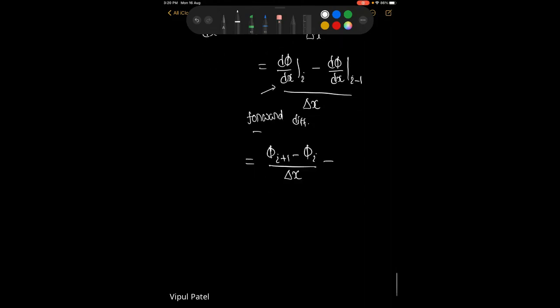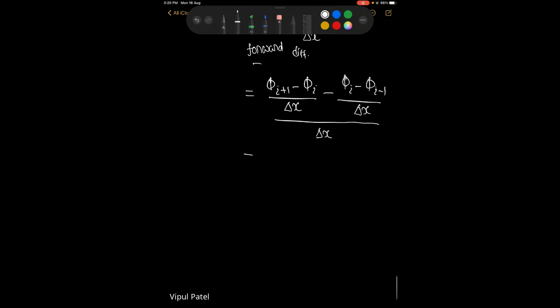Correct? Similarly, the forward difference approximation for this particular node is phi at i minus phi at i minus 1 divided by delta x, and obviously the whole thing will be divided by delta x.